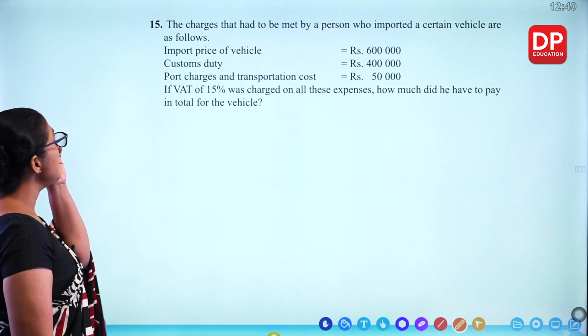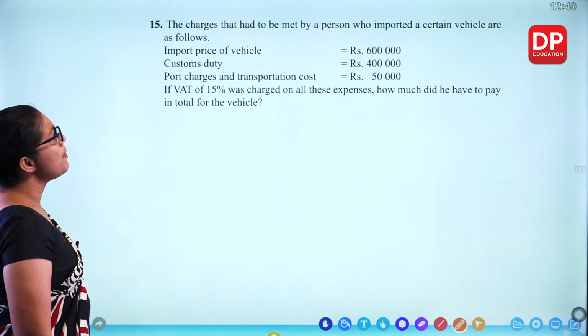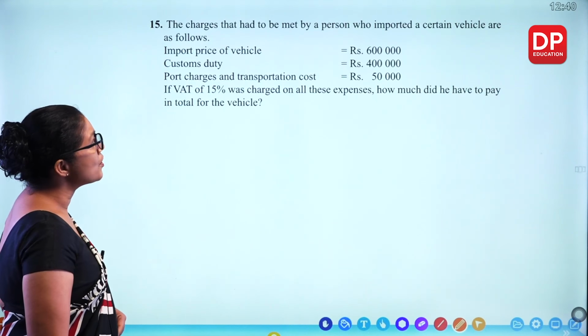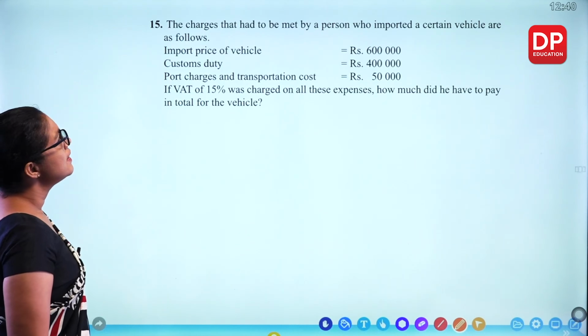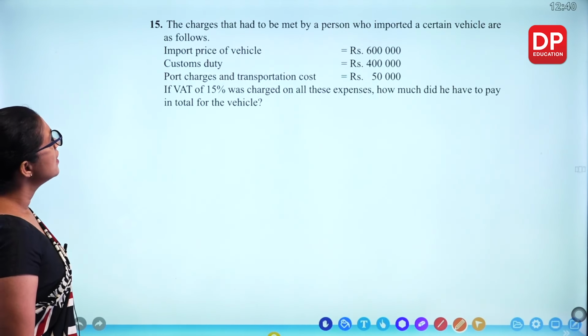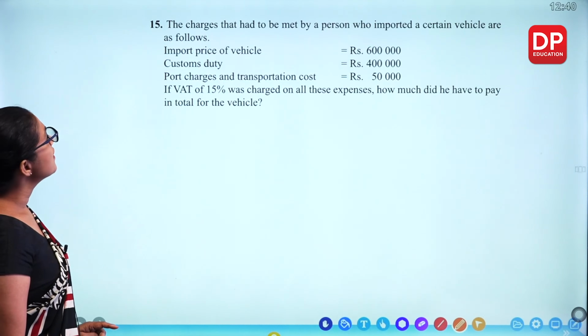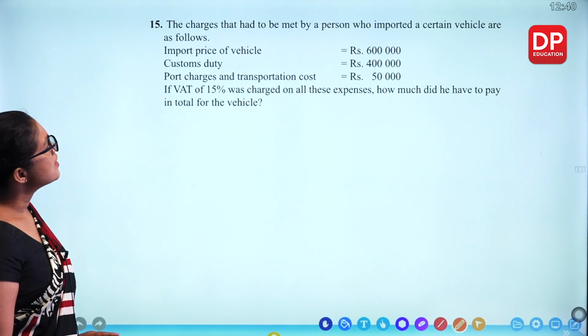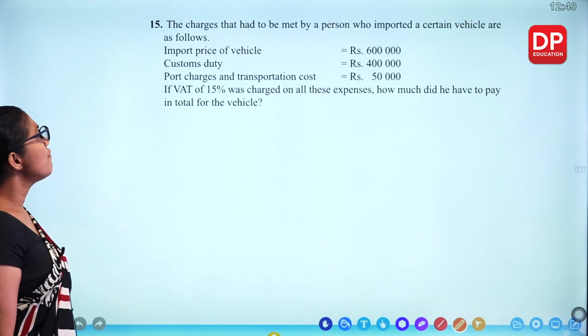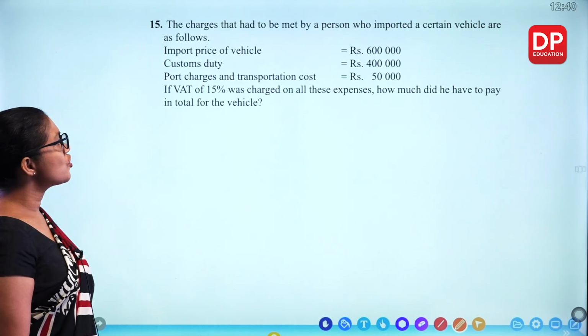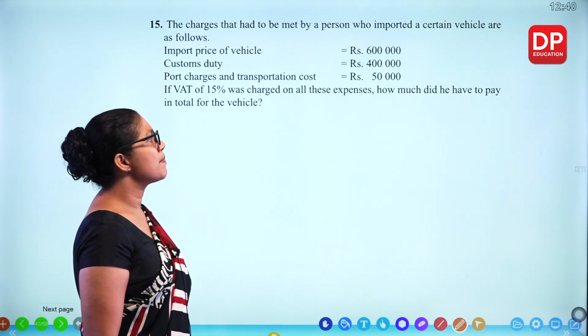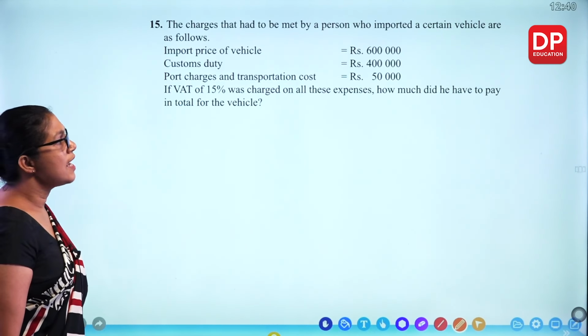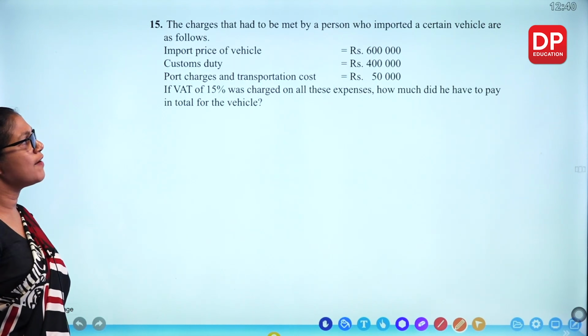Question number 15. The charges that had to be met by a person who imported a certain vehicle are as follows. Custom duty 400,000, the price is 600,000, and port charges, everything there. If VAT of 15% was charged on all these expenses, how much did he have to pay in total for the vehicle?